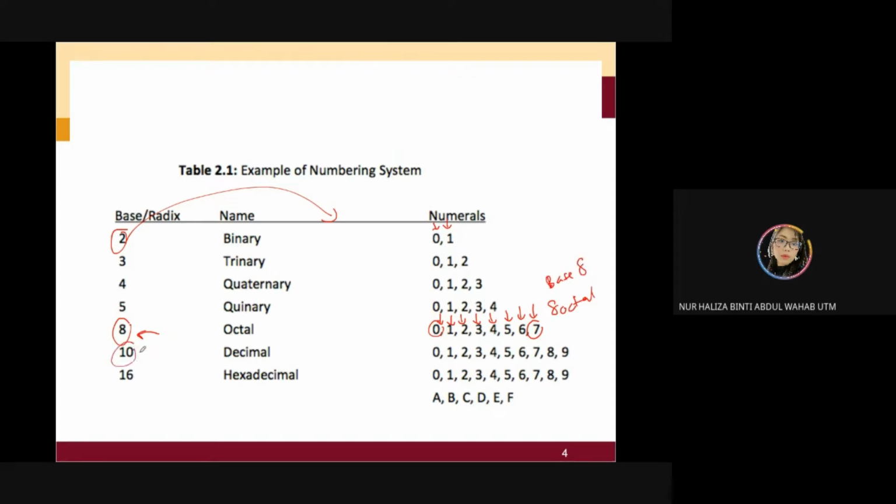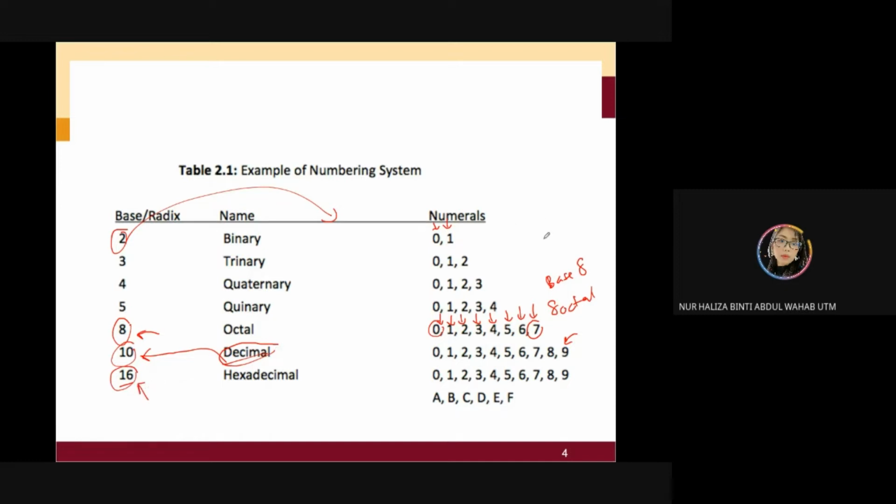And this one is base 10, which is decimal, your normal numbering system that you use in your daily activities. It is 0, 1, 2, 3 until 9. Altogether it is 10 digits.